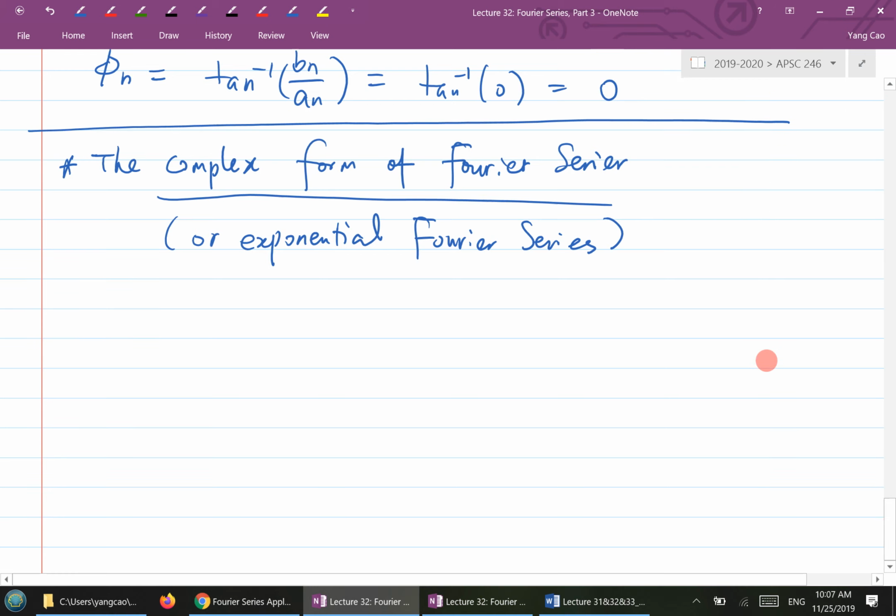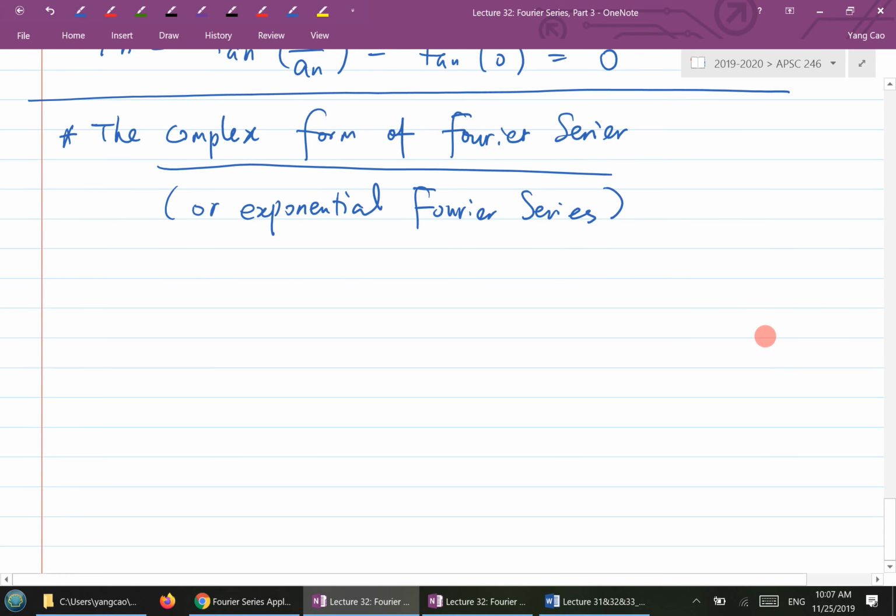So let's take a look at what this complex form of Fourier series is. Now we need to go back to Euler's formula. If you recall, Euler's formula says that cosine omega t can be represented with this one.